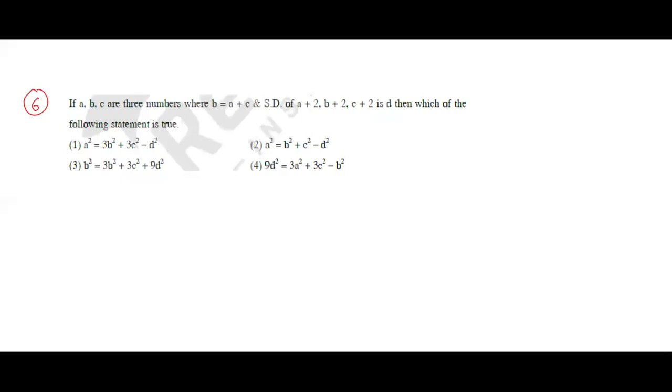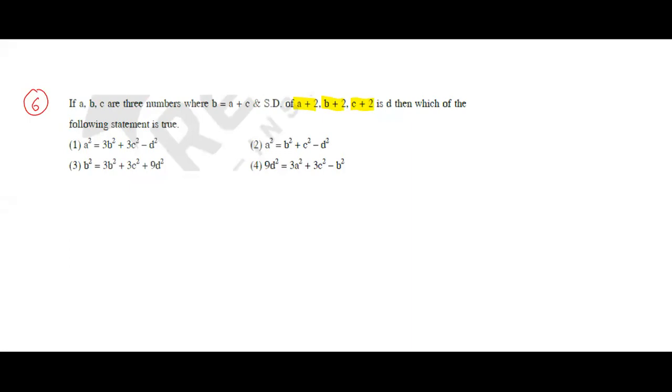If A, B, C are 3 numbers where B is equal to A plus C, and the standard deviation of A plus 2, B plus 2, C plus 2 is D, then which of the following statements is true? Standard deviation of ABC is equal to standard deviation of A plus 2, B plus 2, C plus 2.